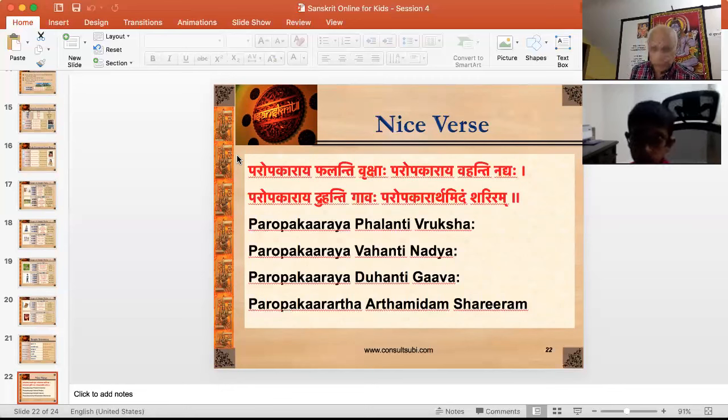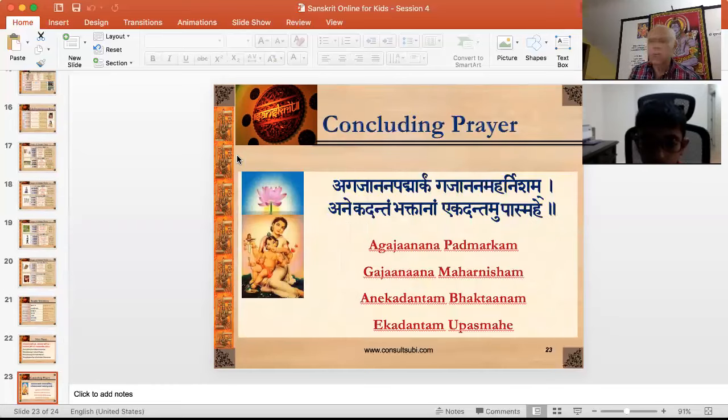Okay, let's go further. It is probably the last slide, I think, which is going to be the concluding prayer. It's a beautiful prayer. It's very nice poetry with the words so beautifully lined up. It is actually a verse, a prayer for Ganesha. You know, we had Ganesh Chaturthi last week.